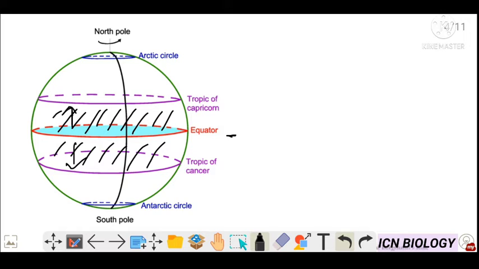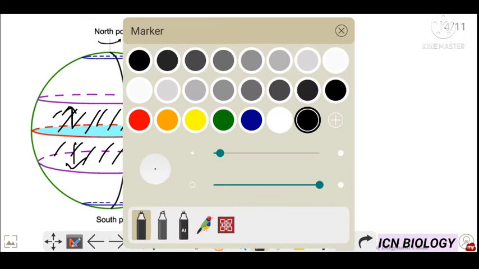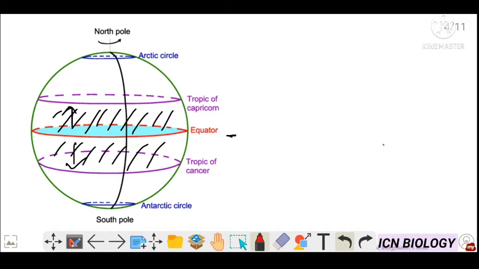Above the tropical zone, it is called the temperate zone.